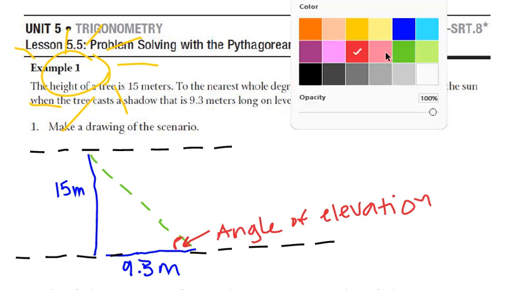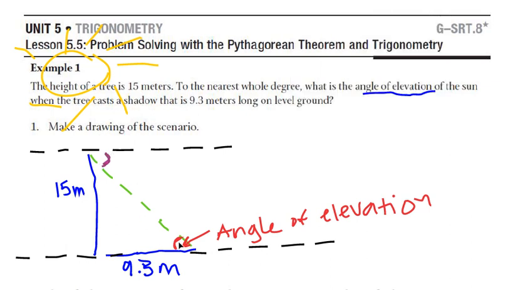So the angle of depression here is this angle. And it is the alternate interior angle to the angle of elevation. And we know that alternate interior angles are always congruent. So if you know the angle of elevation, you also know the angle of depression because it's the same thing. So right there we have our angle of depression.